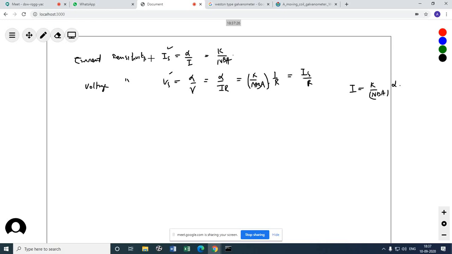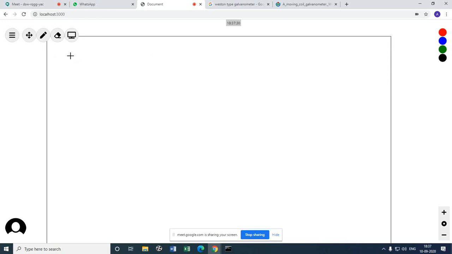So done. Now the last topic is the conversion of galvanometer. You can expect any one of these questions. First one is voltmeter conversion. How do you convert a galvanometer into a voltmeter?